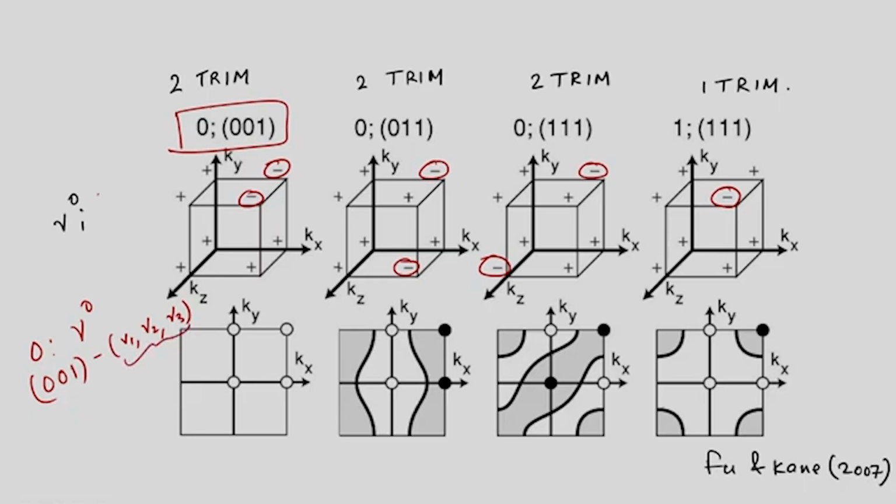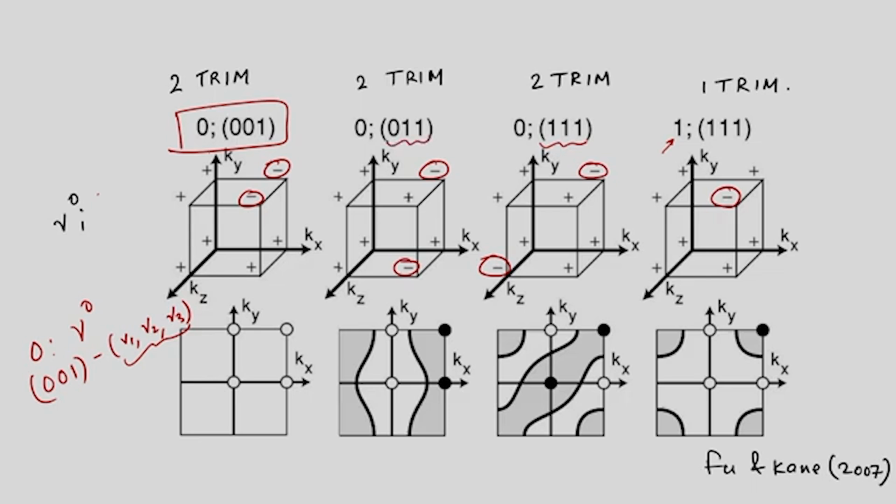When you have an even number of trim points, then this index, that is the strong topological index, is equal to 0, and it's only when you have an odd number of trim points, which is the last case, that is the fourth one, that the strong topological invariant is 1, whereas the weak topological invariants along the kx, ky and kz directions are 1 1 1 here, which is same as 1 1 1 here as well, and there are 0 1 1 and so on.